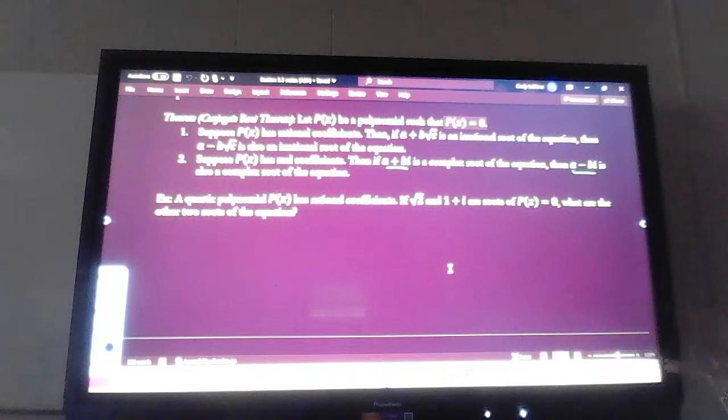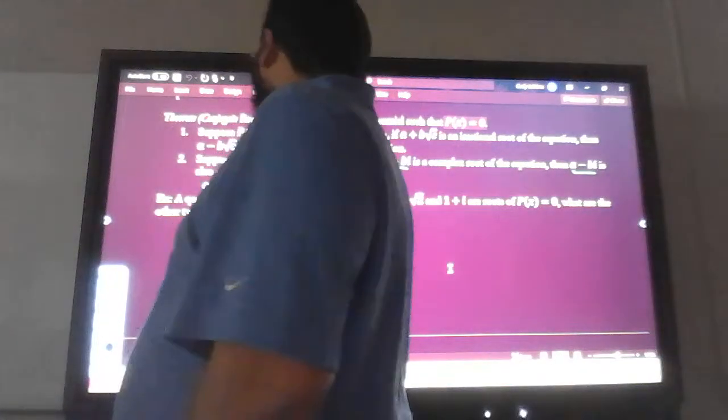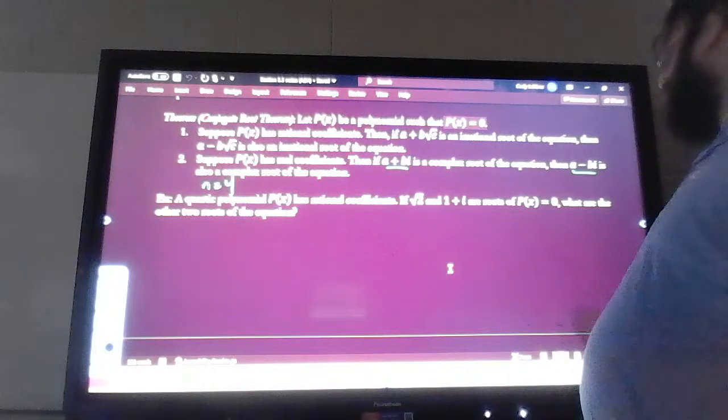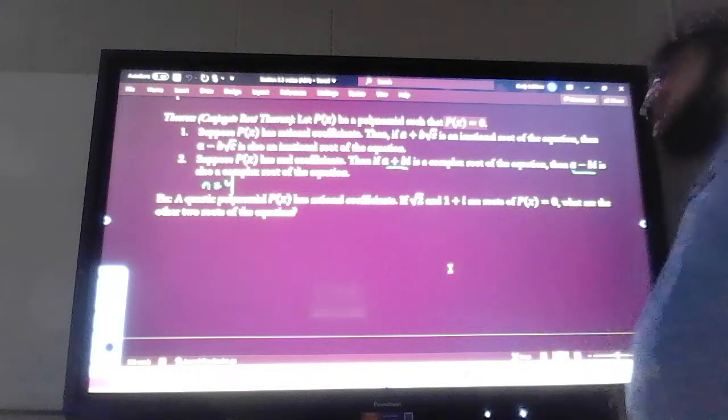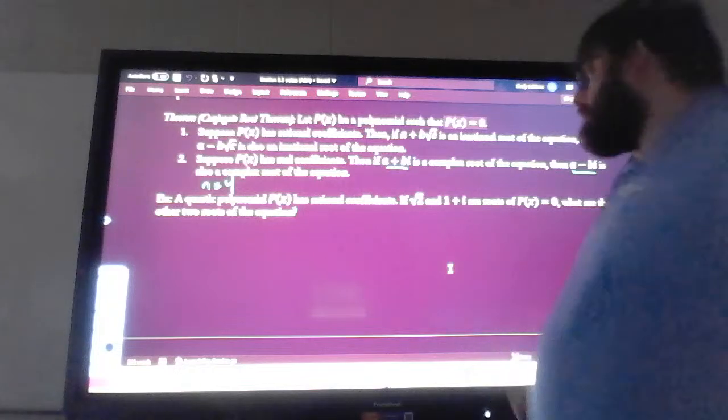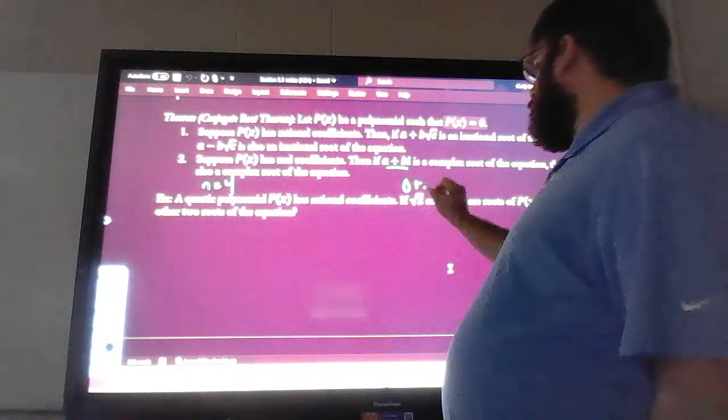Here's an example. A quartic polynomial, meaning that, again, quartic, degree is 4. Let's say it has rational coefficients. If the square root of 2 and 1 plus i are the solutions for that equation, what are the other 2 roots of that equation? Well, let's use this theorem, right? Square root of 2, or in other words, 0 plus the square root of 2.